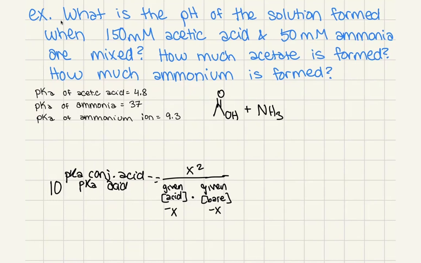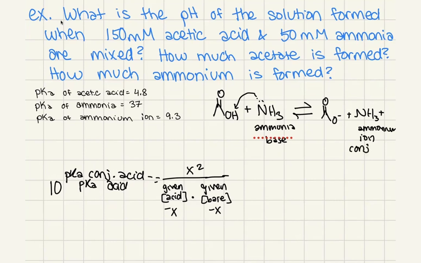And now what's going to happen is our ammonia is going to grab onto that proton, and we're going to get an equilibrium reaction where we have our acetate plus our ammonium ion. So this is going to be our ammonia, and this is going to be our base, and this is going to be our ammonium ion, and this is going to be the conjugate acid of that base.